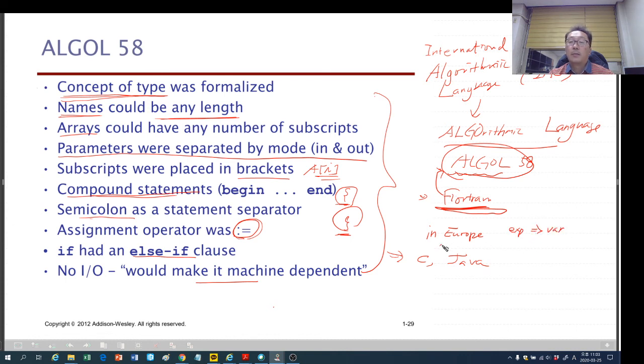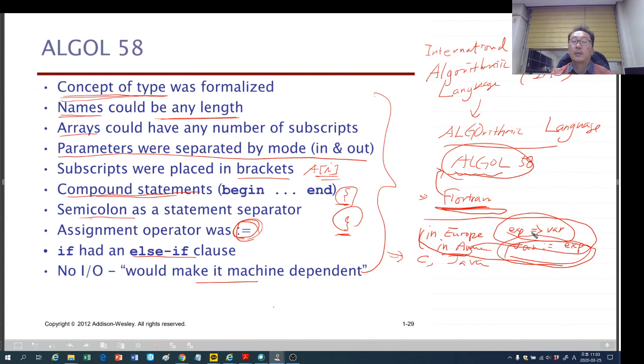But in America, they preferred variable and then expression. So this is just a preference problem. So Algol used just the American style. Nowadays we use this notation rather than the other.